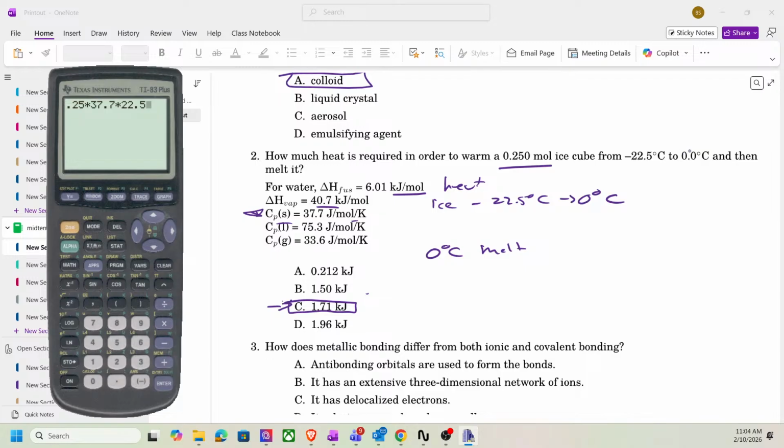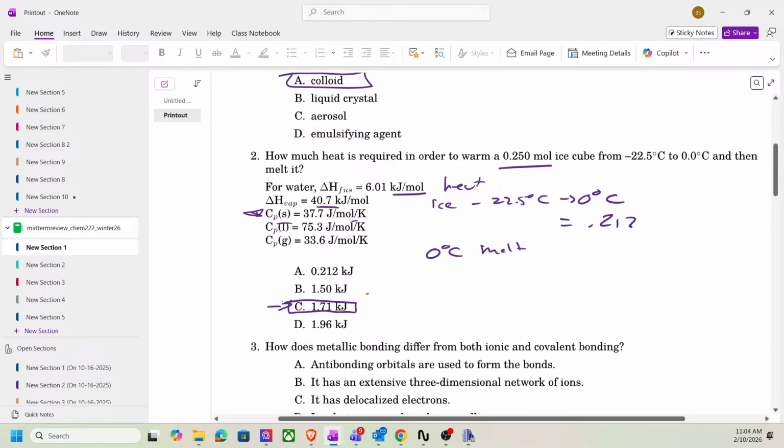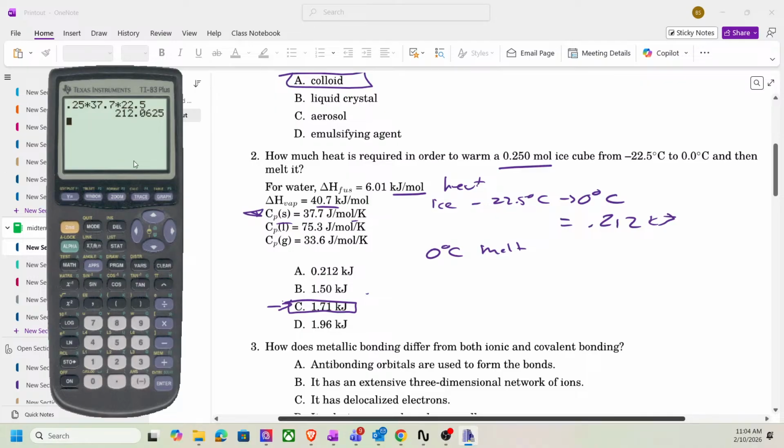Remember, you have the same temperature difference in Celsius as you do in Kelvin. Watch the units though. That's in joules, so that is 0.212 kilojoules for that process. Questions?